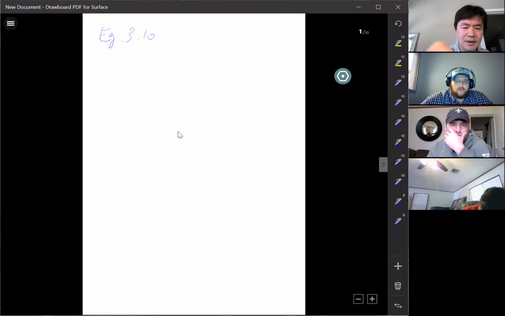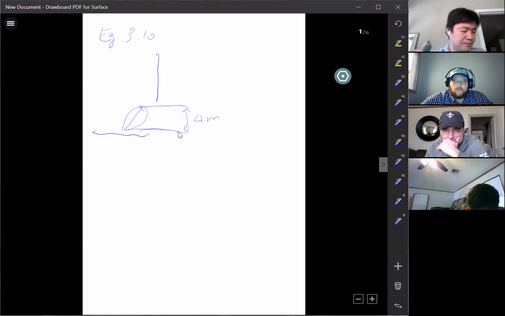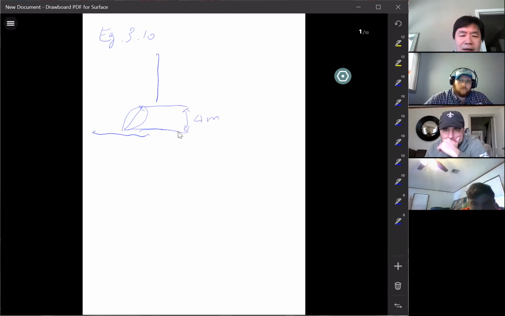You have a reservoir here, and a pipe to let the water come out. It has a gate. It's a circular pipe with diameter 4 meters, but it is cut like this at an angle.